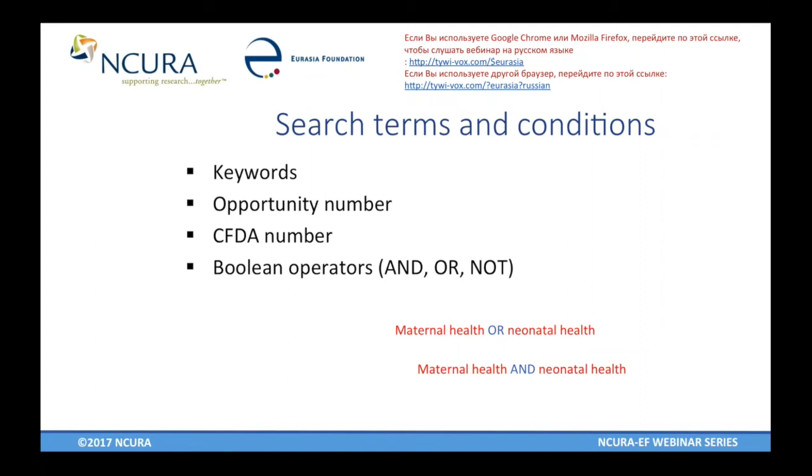And finally, many databases allow you to use Boolean operators to connect and define relationships between your search terms. For example, searching for maternal health or neonatal health will likely turn up more opportunities than searching for maternal health and neonatal health.